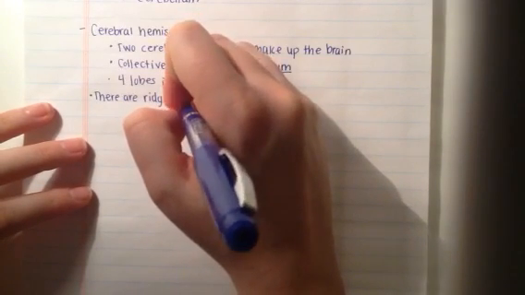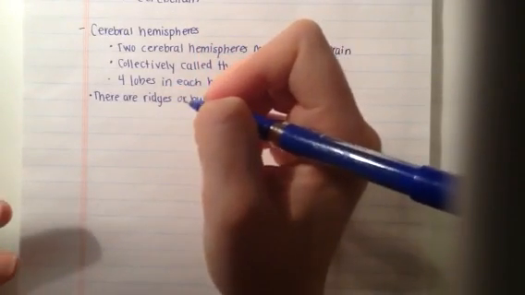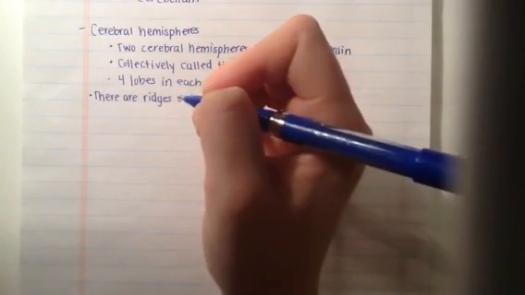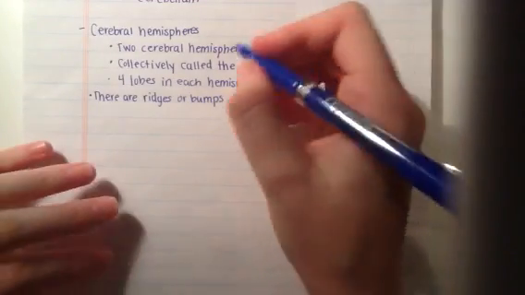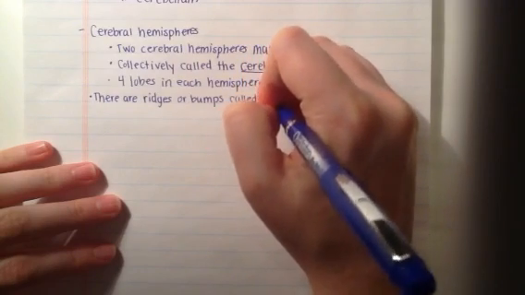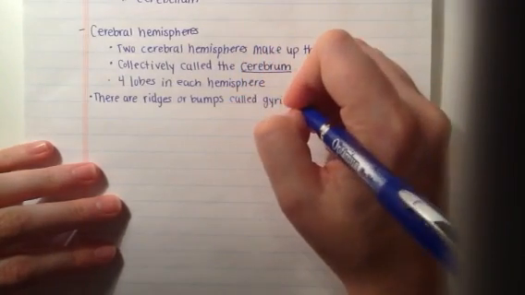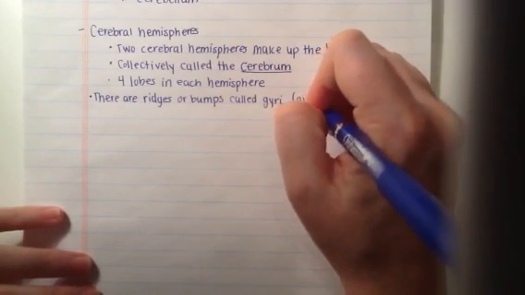There are ridges or bumps, raised areas on the brain, and they are called gyri or gyri. I've heard them pronounced both ways. Gyri would be plural, and if it is just one bump, it's called a gyrus.